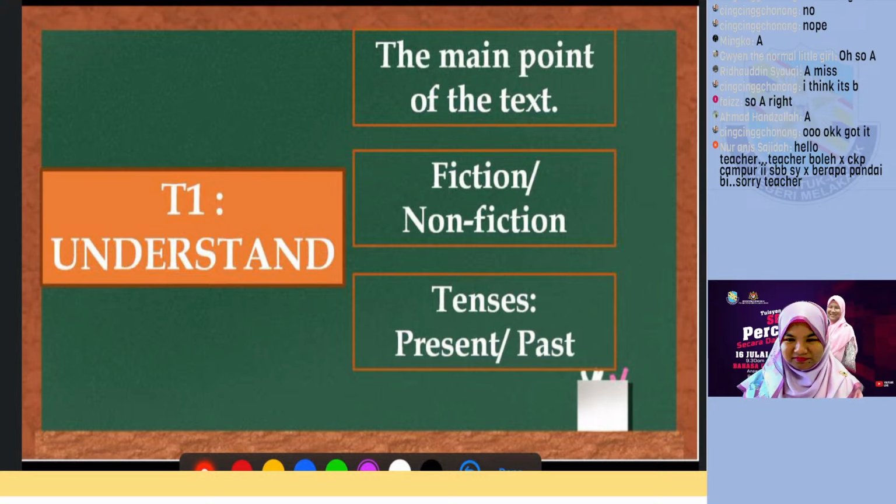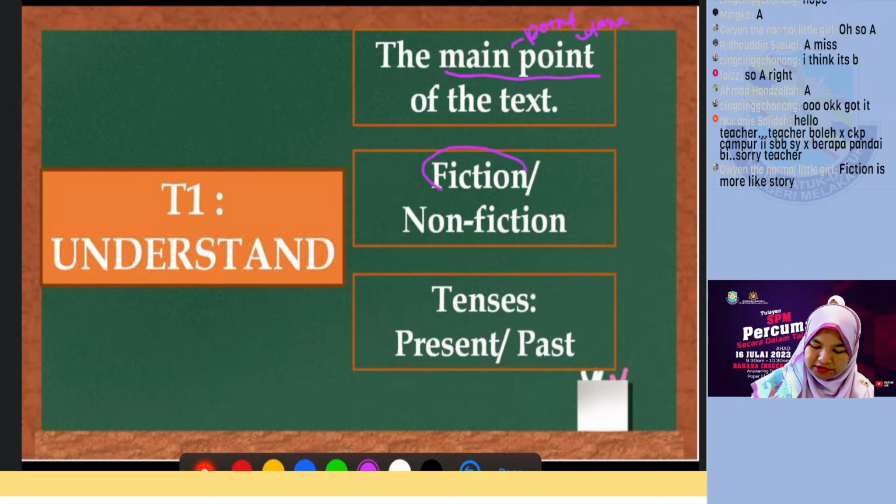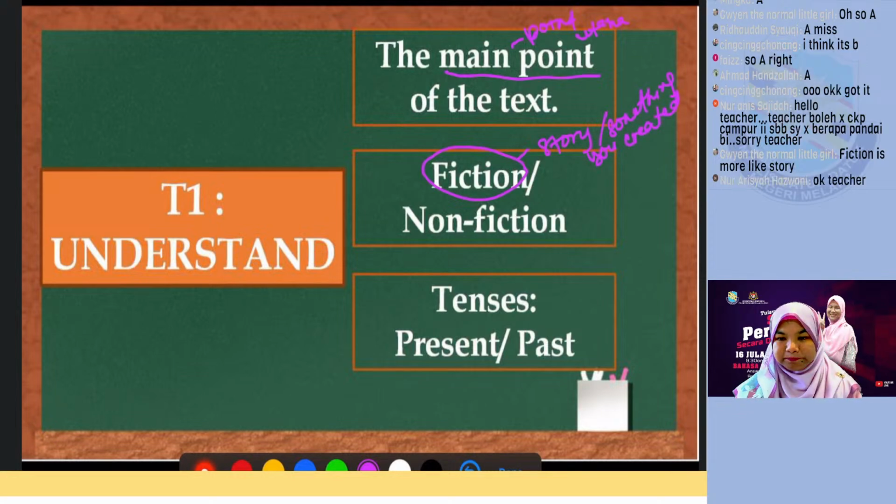The main point means point utama. Fiction is more like a story. Yes, Gwen. Fiction means a story, something you created, or something that people created.